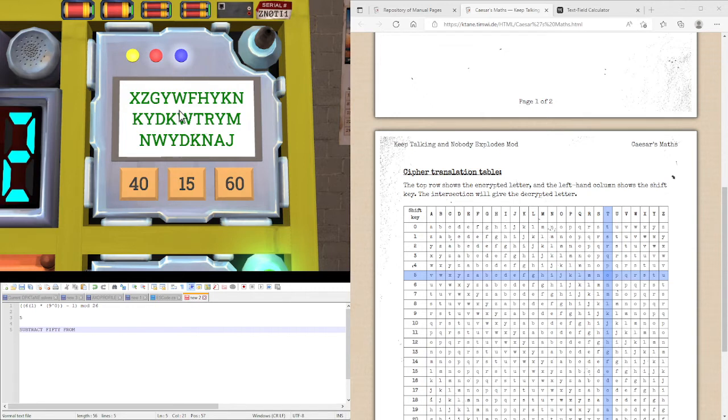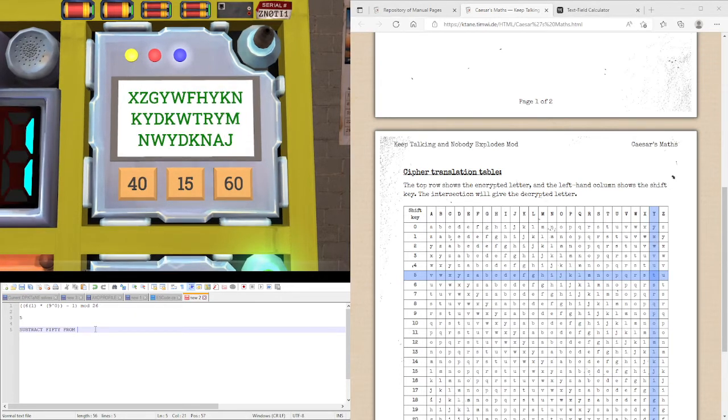So subtract 50 from R. Y becomes M. So this is the M, so T. M becomes H. N becomes I. W becomes R. T. 30.